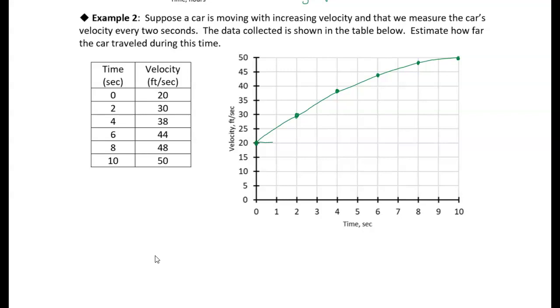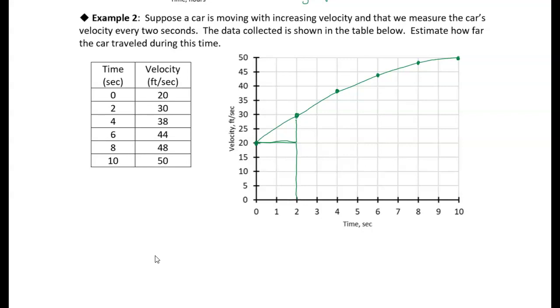just draw rectangles, right? Now I could assume that this 20 feet per second that we started out at just continues until the next data point, and it suddenly jumps up to 30 feet per second. And then I can look at the rectangle that is formed.